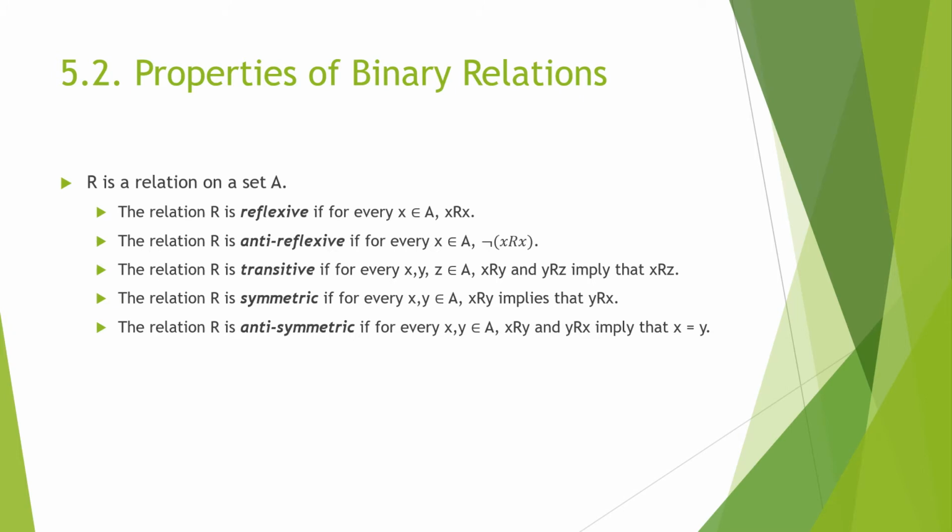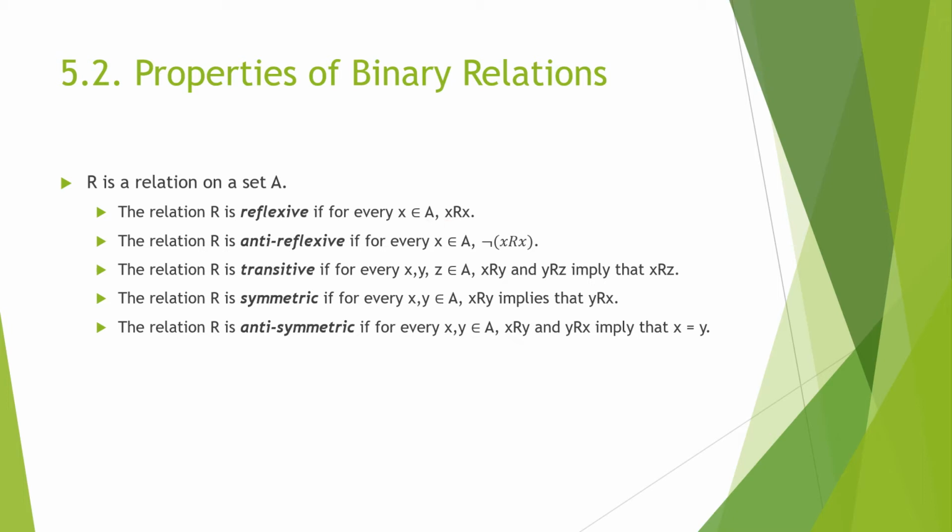Another important set of definitions regarding binary relations are regarding the properties of these relations. Let's assume that you have a relation R that is defined on a domain like A. The relation R is called reflexive if for every element X in domain A, X is related to itself.